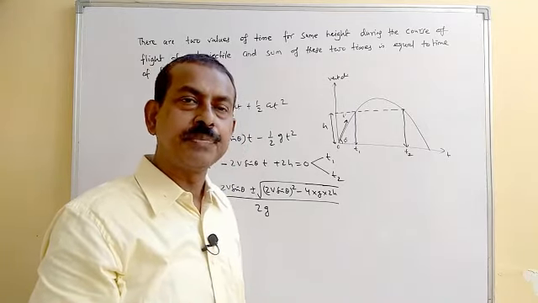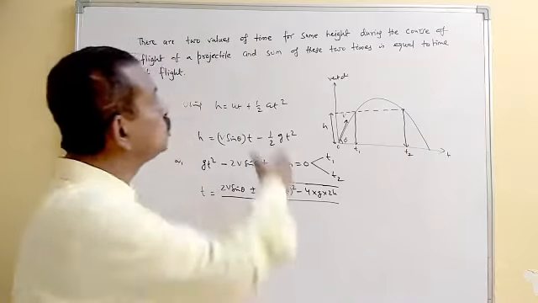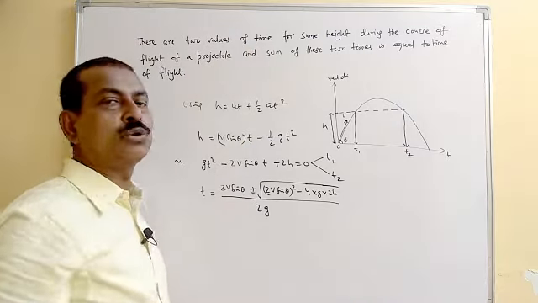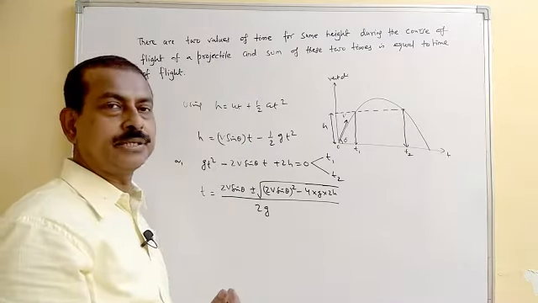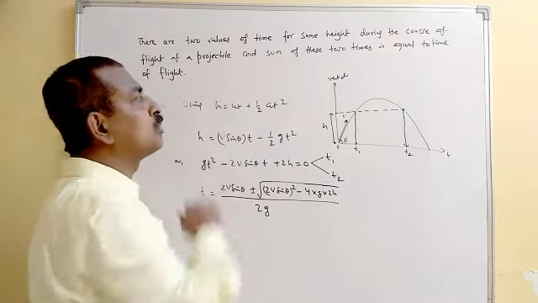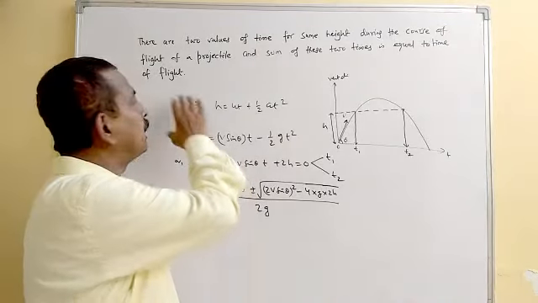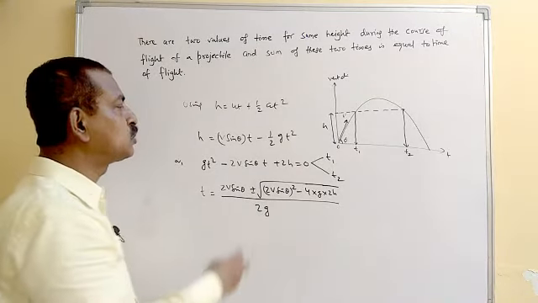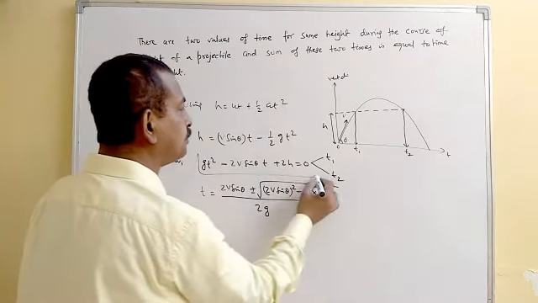So that can be used to prove that there are two values of time for same height. The second part is where you have to show that the sum of these two times is equal to time of flight.